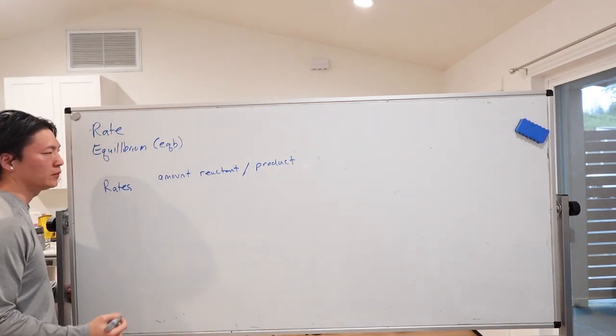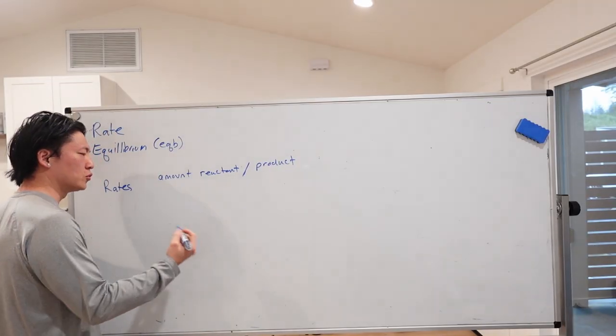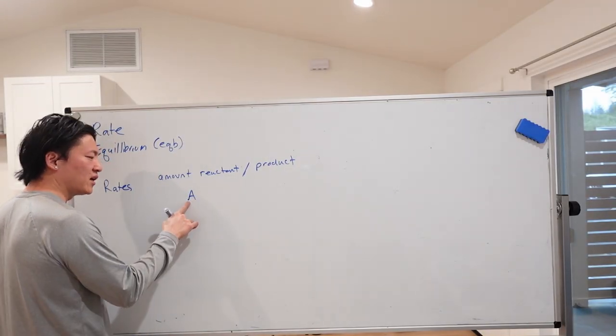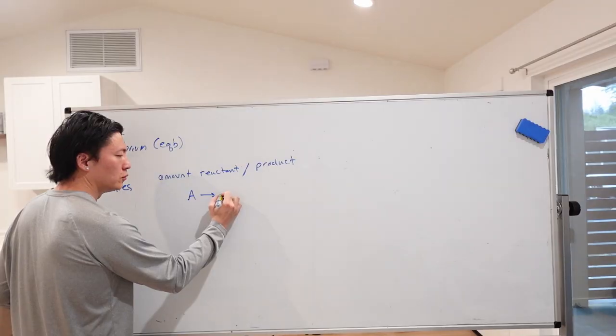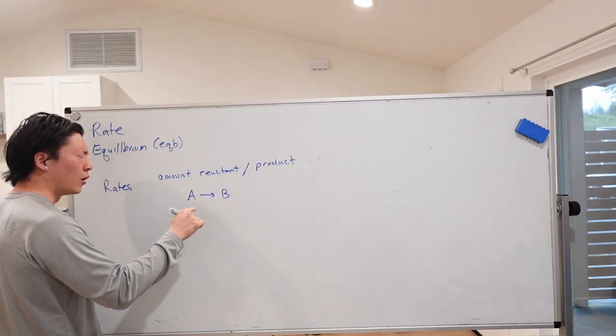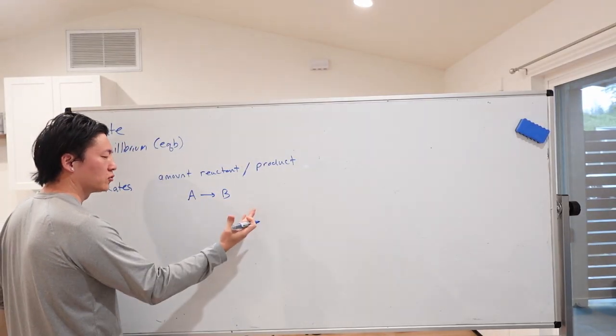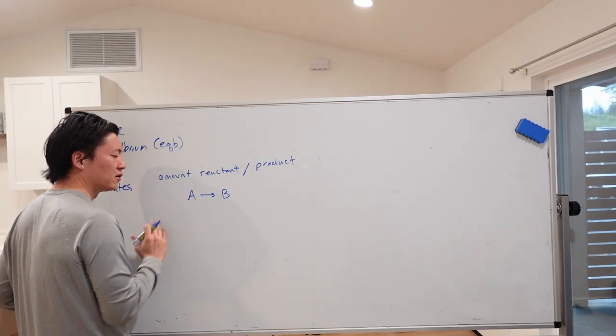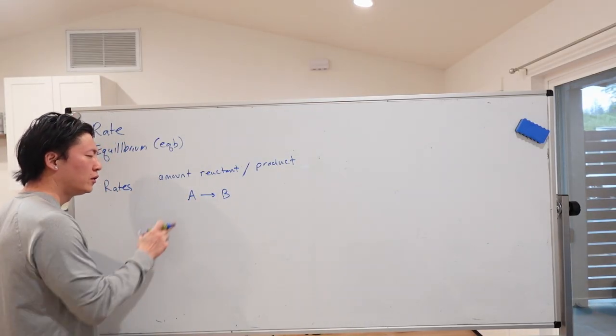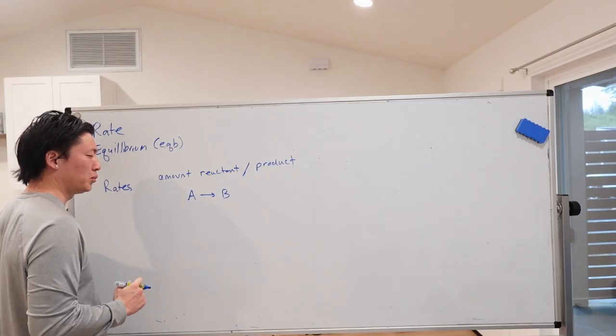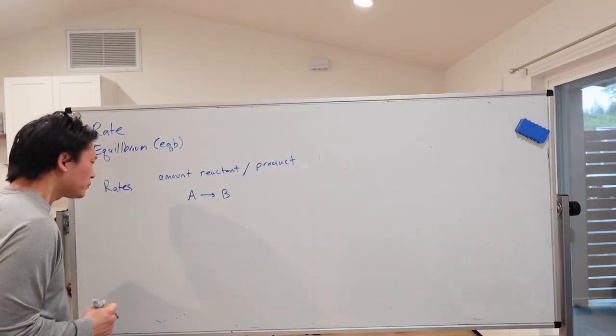And so to make things easy, we'll just assume we have some reactant A going to product B. Remember, products are on the right hand side of the arrow, reactants are on the left side of the arrow. Reactant A goes to product B. That's how we say this.